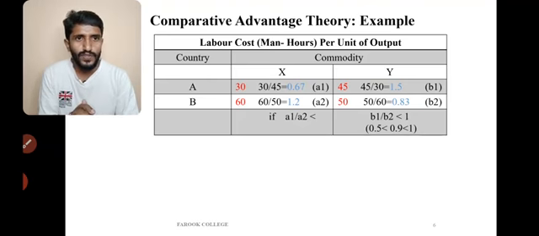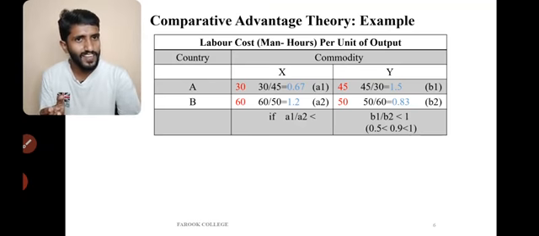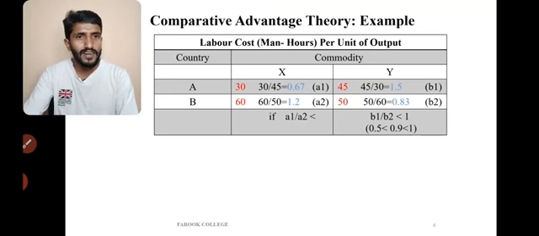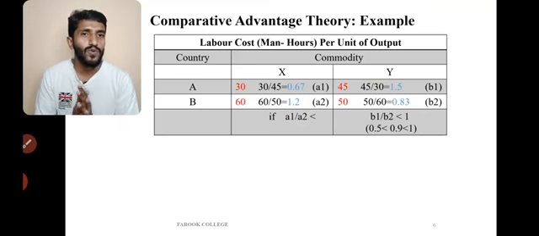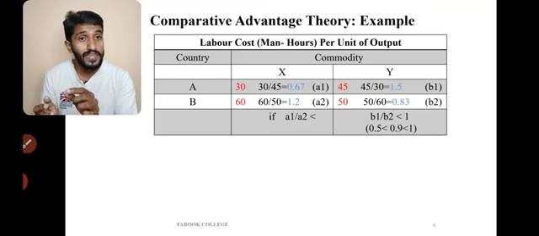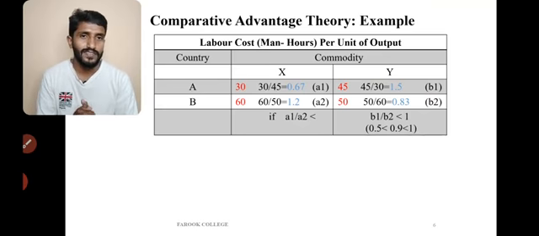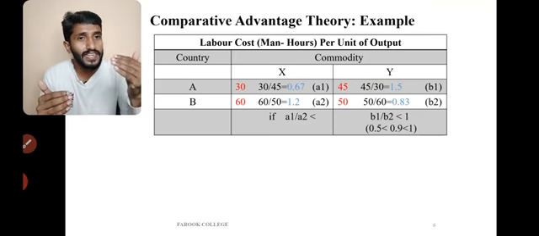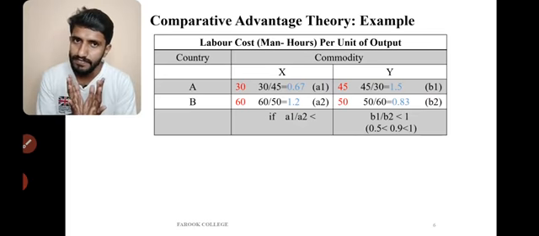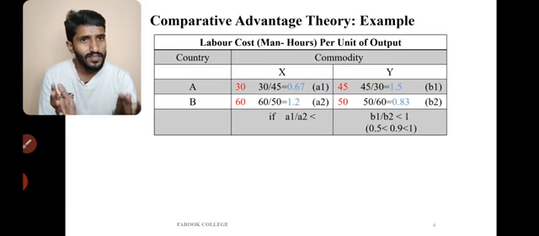The labor cost in man hours per unit of output is given here, and there are two commodities, X and Y, and two countries, A and B. To produce 1 unit of commodity X, A needs 30 man hours, but B needs 60 man hours. So it means the cost of production of commodity X is high in country B. 30, 60, then 60 is high.